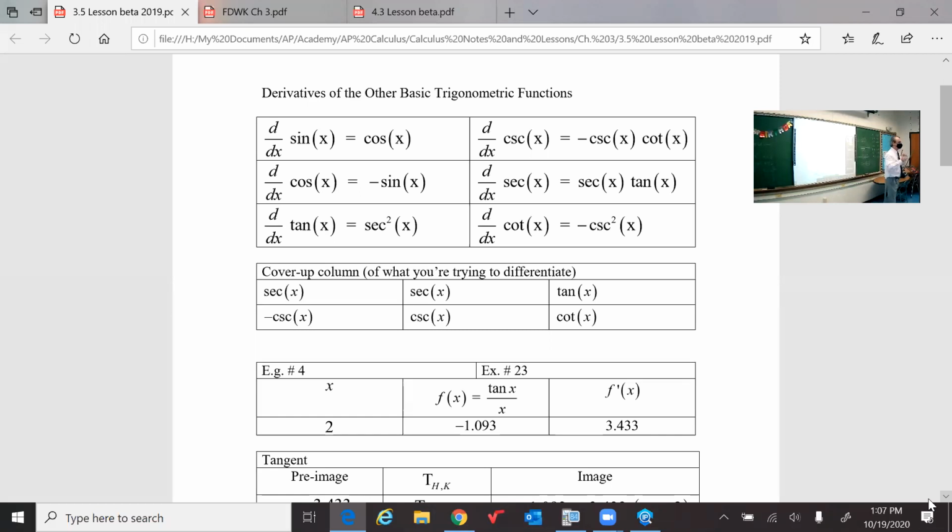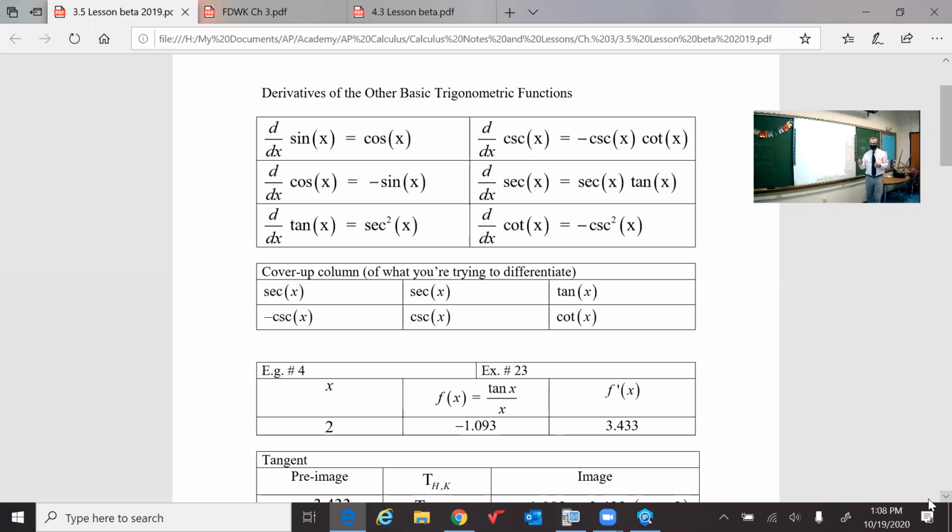So if you cover up the column that has the parent function that you want the derivative of, the product of the other two columns is the derivative. That doesn't replace using the quotient rule to do the derivation. Okay?